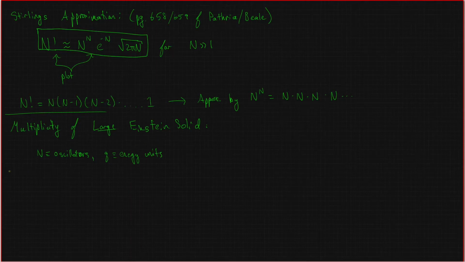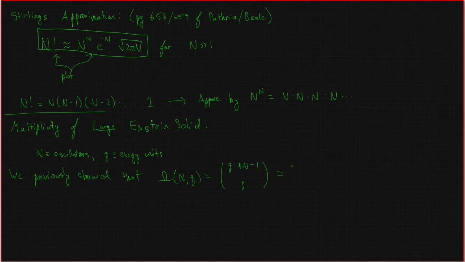Okay, so we had previously shown the result for the multiplicity function. So we had big omega of n and q is equal to q plus n minus 1, choose q.